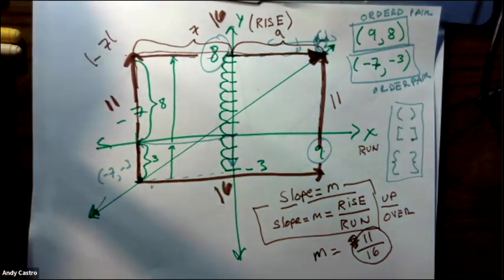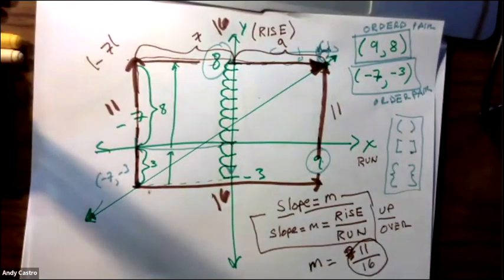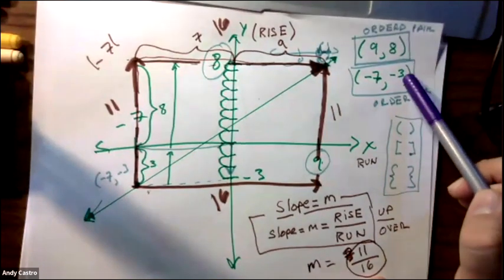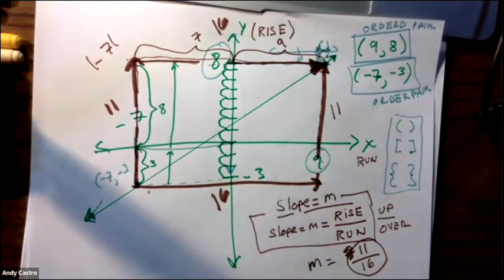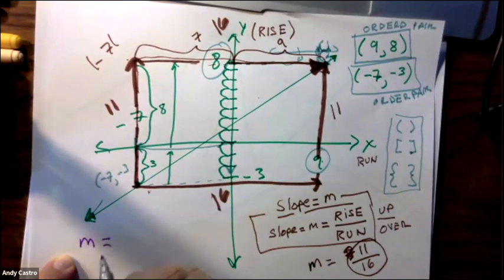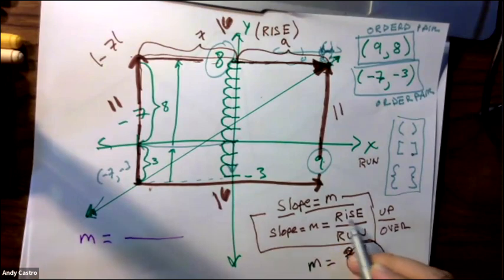All right. The next thing I want to show you is you can calculate the slope from just the 2 points. Okay? And the way that we do that is the slope is equal to rise. Well, how do I calculate rise?